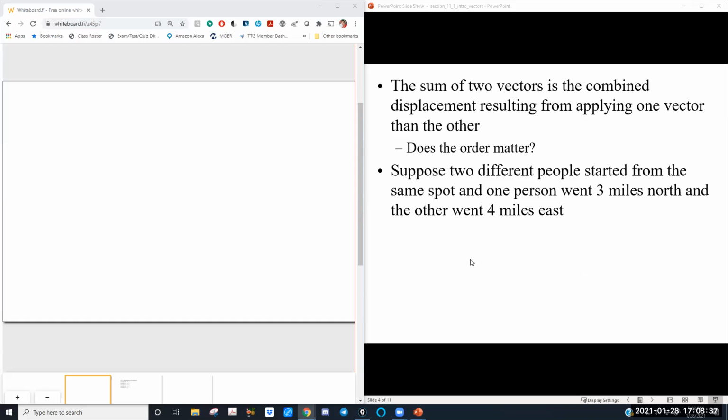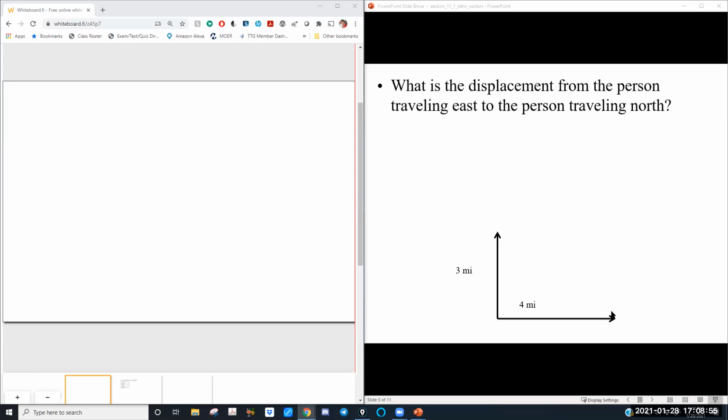Now let's talk about the case where we have subtraction of two vectors. Now we have two different people. One goes 3 miles north, the other goes 4 miles east. Now we have two possible displacement vectors, one from here to here and one from here to here. Depending on which one we're looking for, we actually get a different vector.